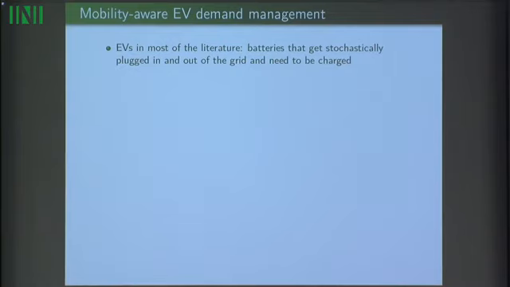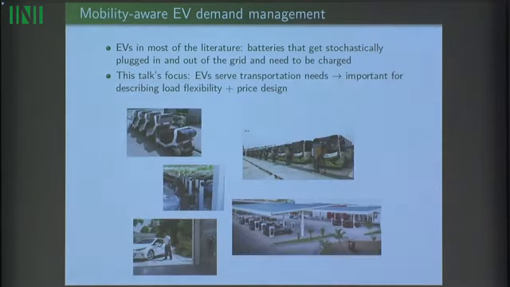Now, I'm not saying all, but most of this literature assumes that electric vehicles are essentially batteries that are stochastically plugged into the grid and require a certain amount of charge that will be specified at the time of plug-in, and then the vehicle will be plugged out at a later time that can be specified by the customer, and then the vehicle's charging load can be temporally shifted to provide various services that support the grid, or to perform arbitrage or any form of load management technique that you want to think about.